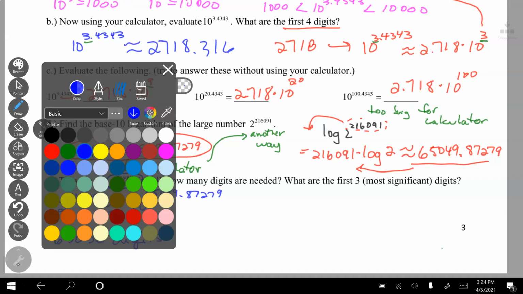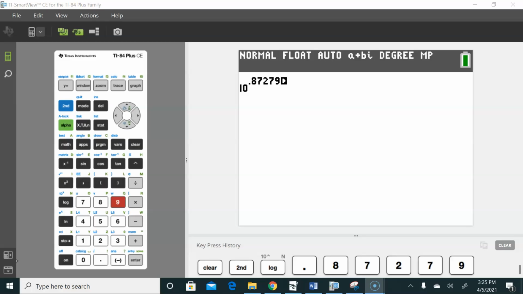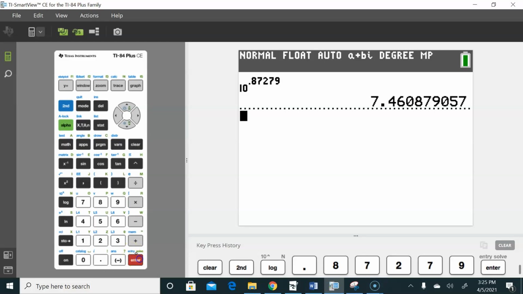But how do I figure out what I should get? Well, I'm going to use the decimal part. So if I do 10 raised to the 0.87279, I put that in the calculator, I'm going to get kind of like the beginning of the number, like I had 10 raised to the 0.4343 was 2.718. So here I did the decimal part, 10 raised to that. I get a nice easy number that I can work with, 7.46.